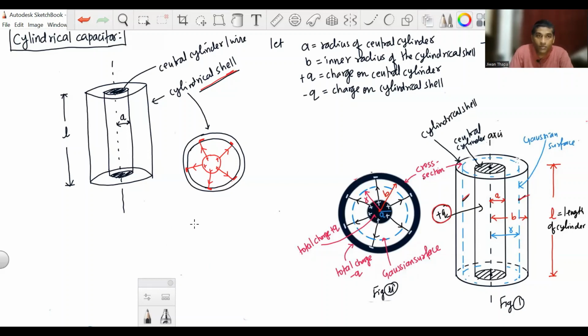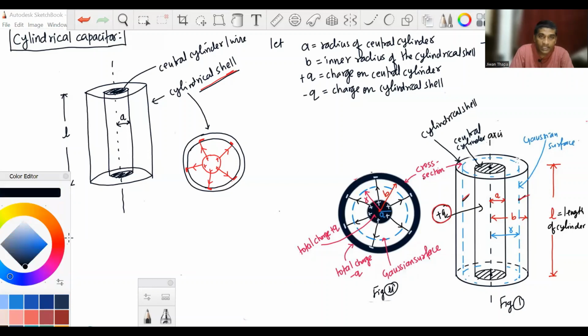Now, as I said earlier, A is the radius of the central cylinder, and B is the inner radius of the cylindrical cell.